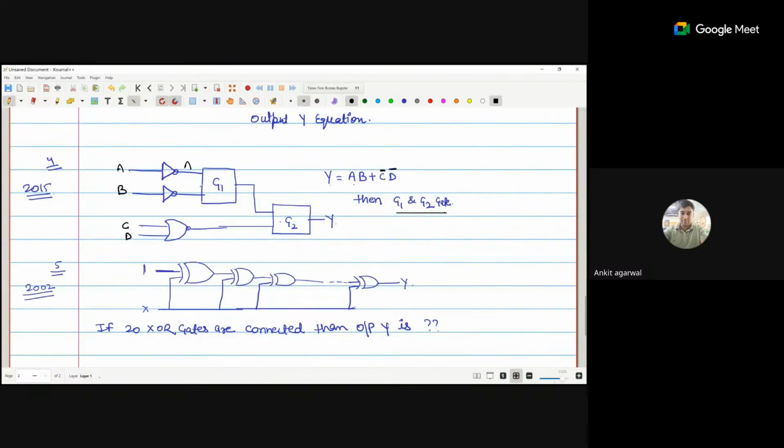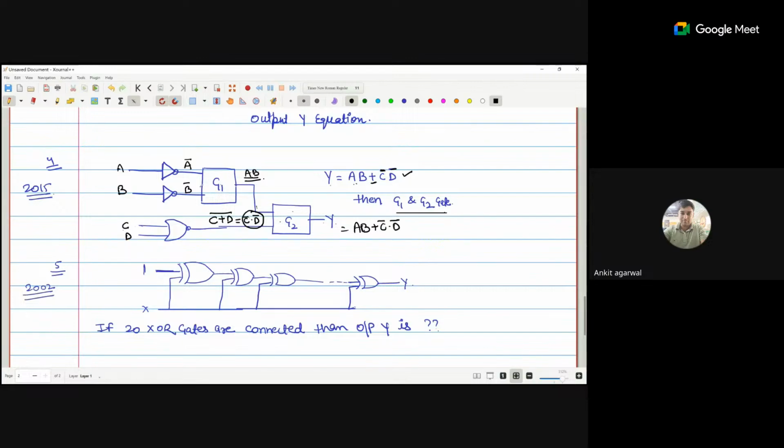So here you are getting A bar, B bar. Here you are getting C plus D bar. That is nothing but equal to C bar, D bar. So one term you are getting is this one, C bar, D bar, and you have to get the term AB here. The ORing between these two will give the output AB plus C bar D bar.